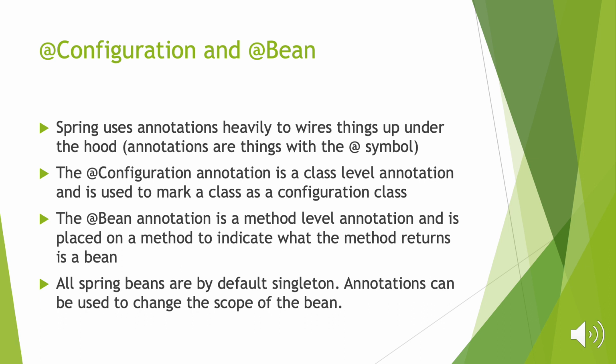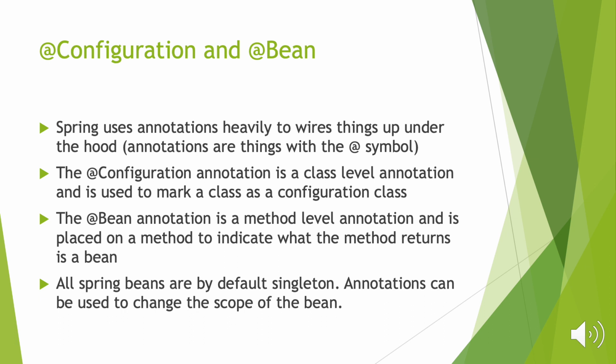In Java-based configuration, annotations are heavily used to wire things up under the hood. Annotations are things with the @ symbol. The @Configuration annotation is a class level annotation, which means it's placed on top of a class and is used to mark a class as a configuration file.